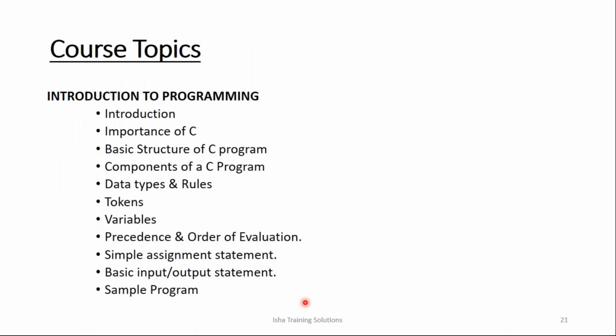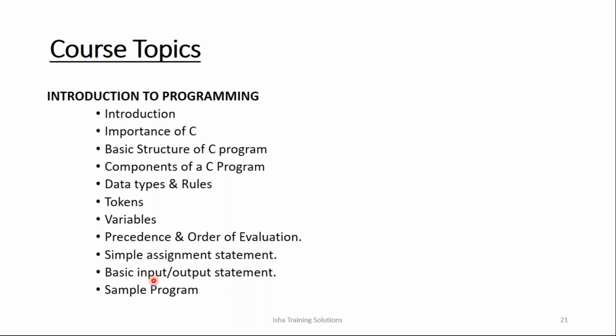Next, these are the topics we are going to discuss in this C course. As of now, we have understood till here. Components of the C program we are going to cover in the coming sessions. Data types and rules: what are the rules we need to use for a particular data type? Next one is a token. Next one is a variable. Next, precedence and order of evaluation.